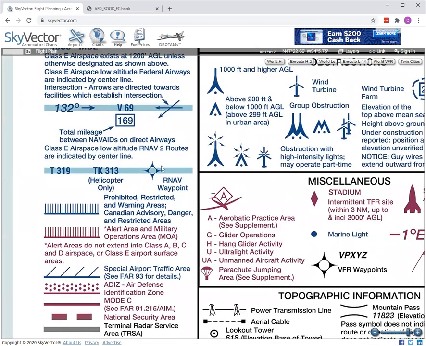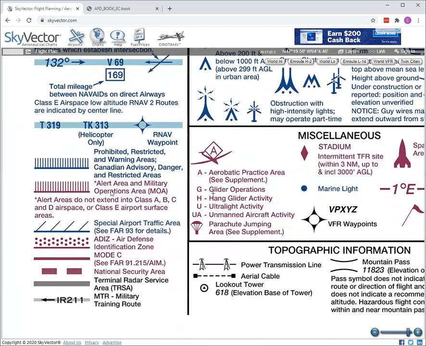And if you have GPS or something else, or radio navigation that can pick that up, you can use that as a waypoint as well when you're planning your VFR flight. But we'll talk about different things to use for checkpoints in a little bit.